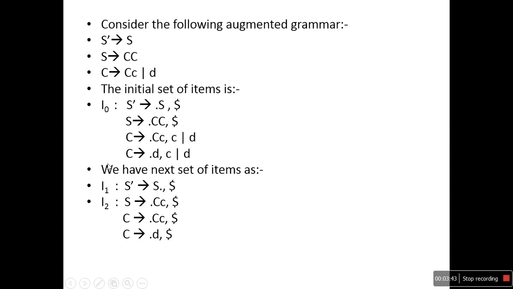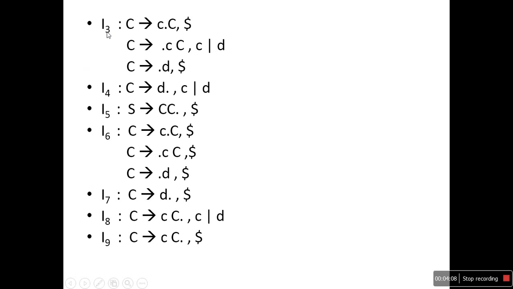Now we have to perform the goto operation. After performing goto we get S' → S·. If I perform goto for this production I get this production, and if I perform goto for that production I get another. After performing goto you have to perform the closure, and after performing closure I get the productions C → ·cC and C → ·d.